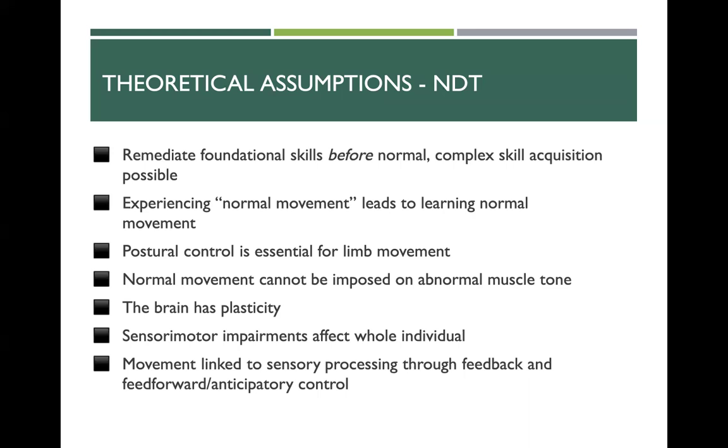So movement linked to sensory processing through feedback and feed forward or anticipatory control. So feedback is you're experiencing sensation and then you're changing that movement. Feed forward or anticipatory control kind of says it with the anticipatory control. So you're anticipating the sensation and changing the movement based on that anticipation factor.